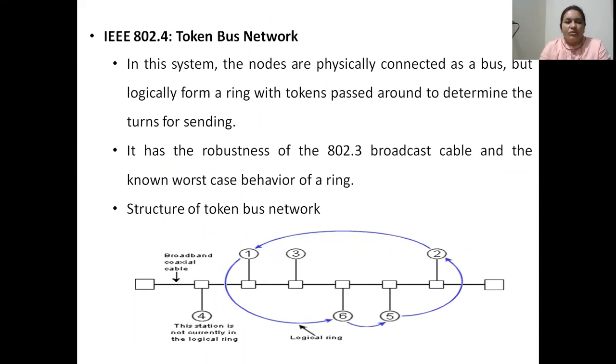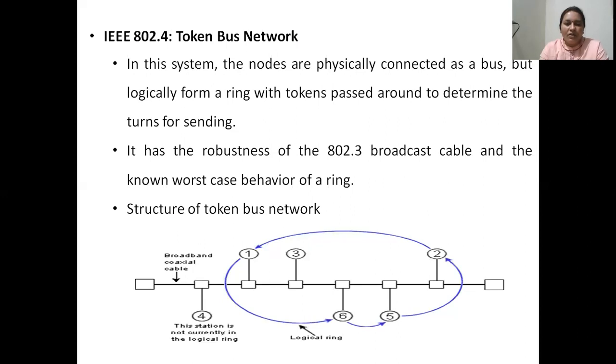The IEEE 802.4 token bus network consists of nodes which are physically connected through a bus of a broadband cable, like coaxial cable, which adheres to the 802.3 broadcast cable. So the nodes are connected to a bus transmission mode, but logically they are organized as a ring.